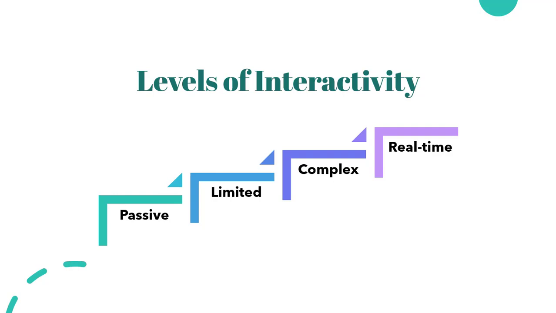Deciding what content needs to be made interactive and designing good interactivities at different levels call for good instructional design. Instructional designers choose the right interactivities according to the content and the learning objectives to make learning engaging for learners.